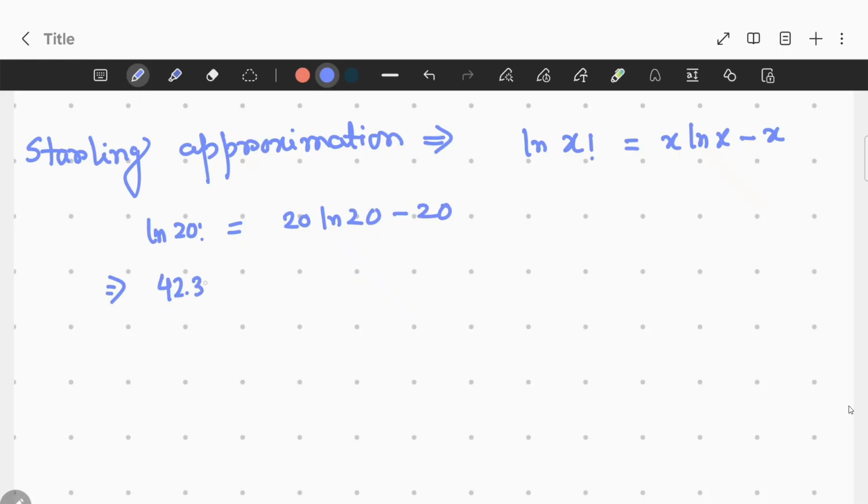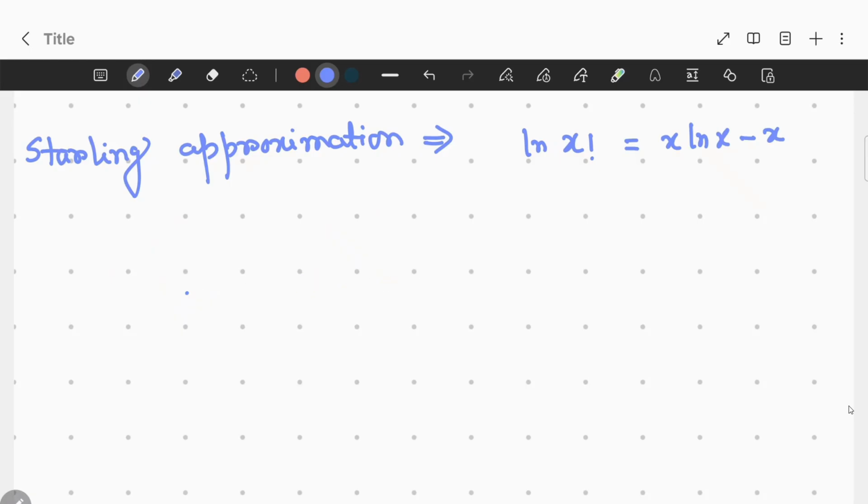Ln 20 is about 3.0, and the right-hand side, 20 into ln 20 minus 20, gives 39.91. So you see that now it's getting closer. When it is 100 factorial, you will see that it's more or less the same. So for a large value of x, it is a good approximation, the Stirling approximation.